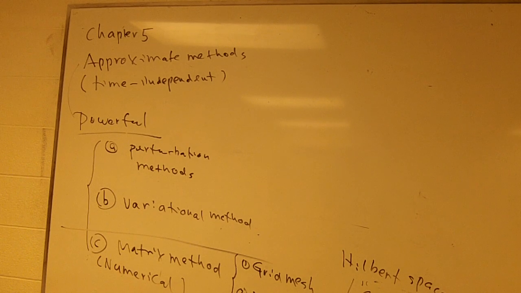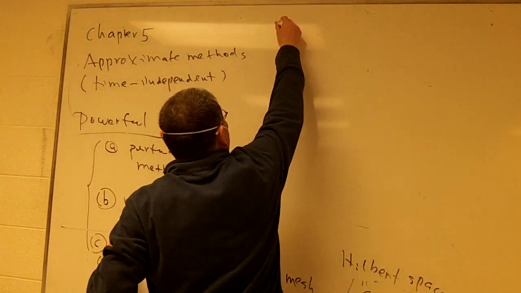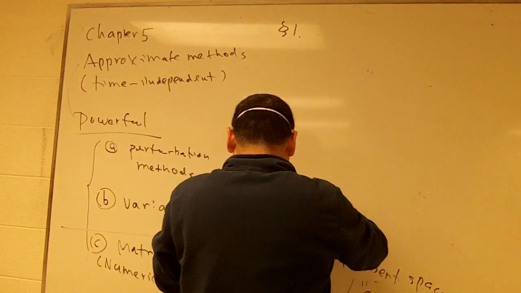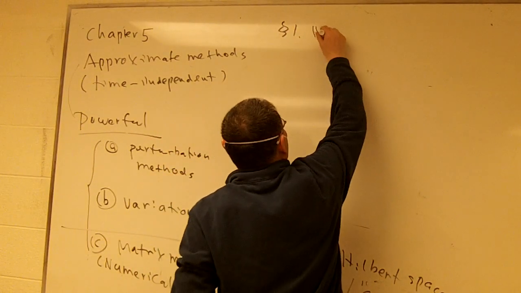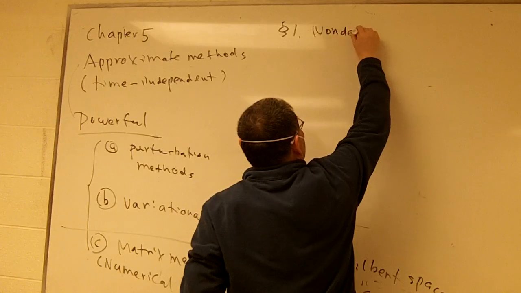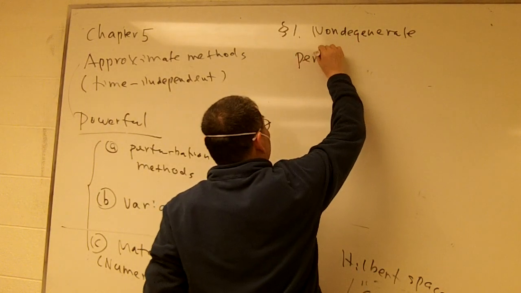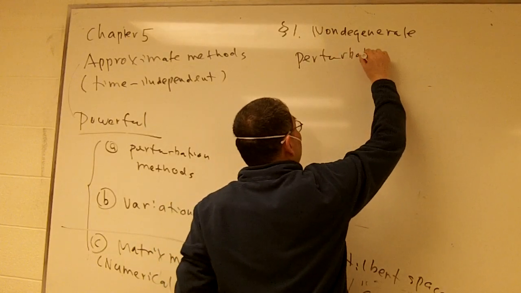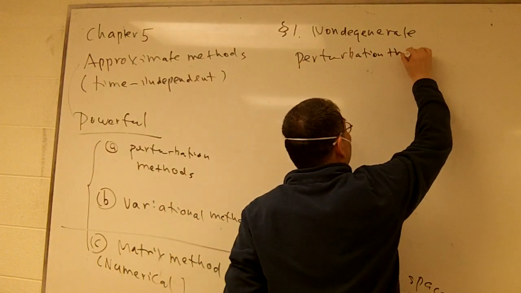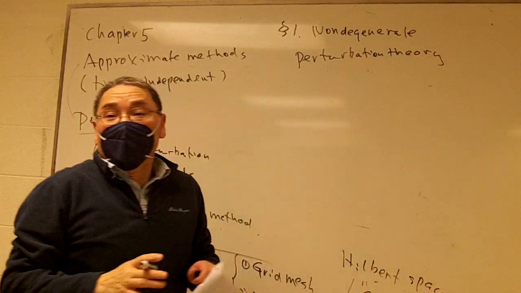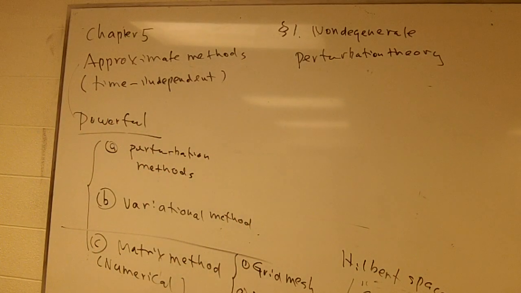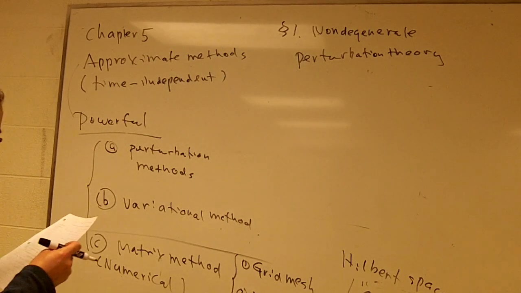So now I'm going to show you how we will work it out. Our first section, section 1, we will work on the so-called non-degenerate perturbation theory. It's a long phrase, and it contains a lot of information.